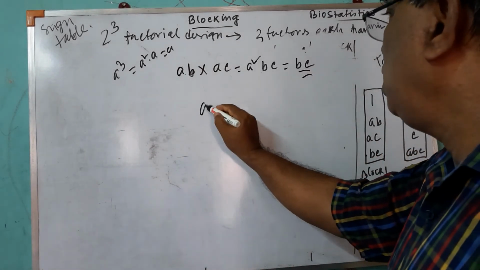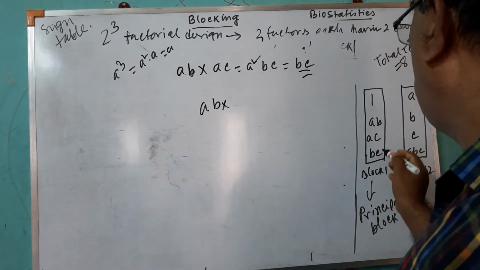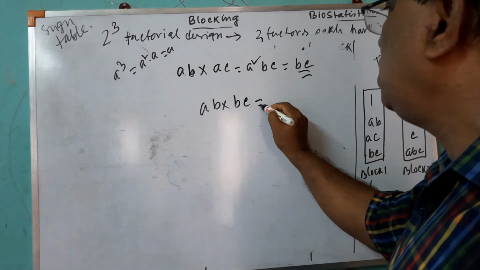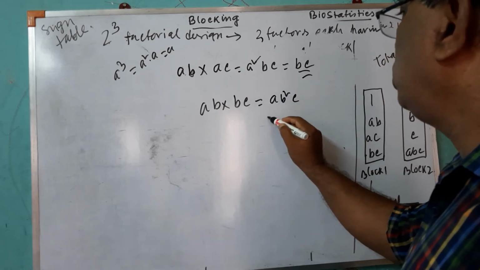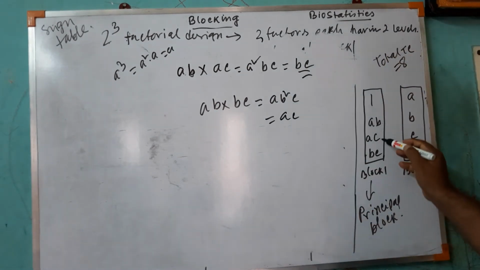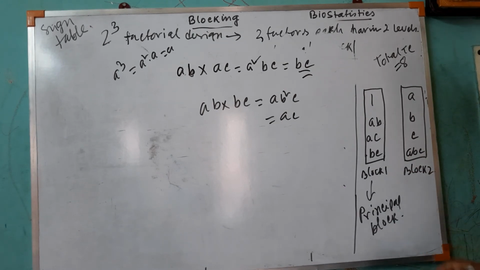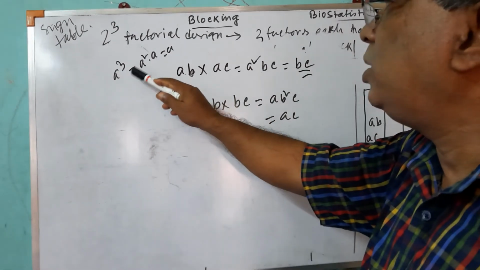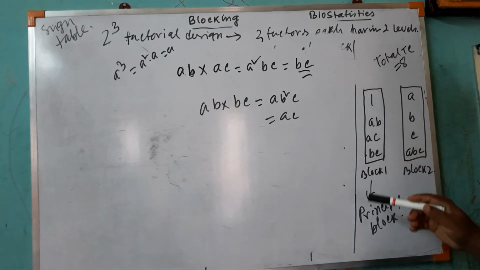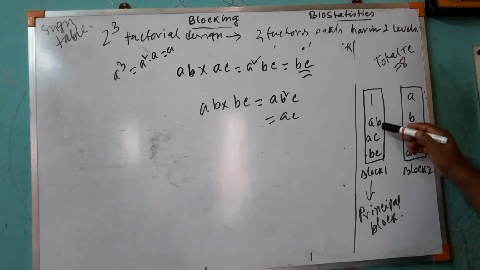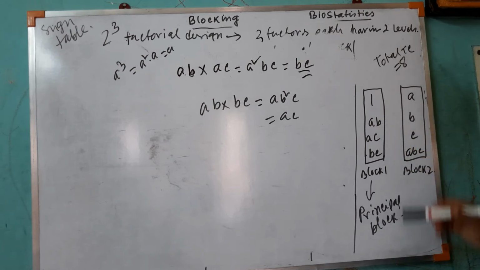Suppose AB into BC, then it comes AB square C, so that means AC. So AC belongs to block 1. That means if we multiply any two treatment combinations of block 1 and apply that a square term is equal to 1, then it will come in block 1 also. This will not happen in block 2.